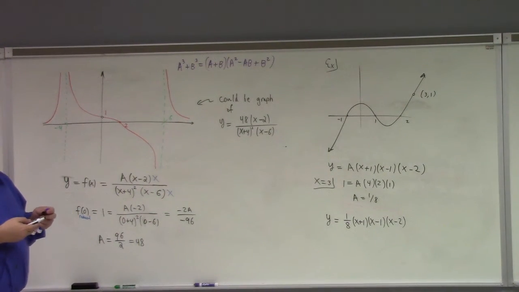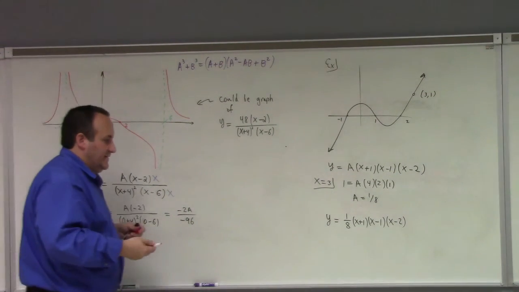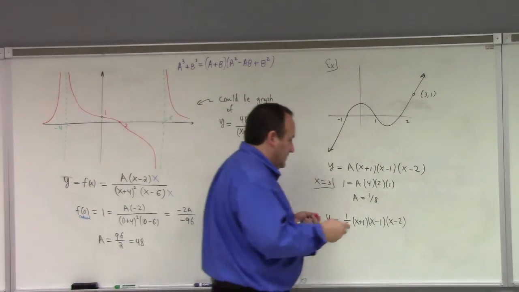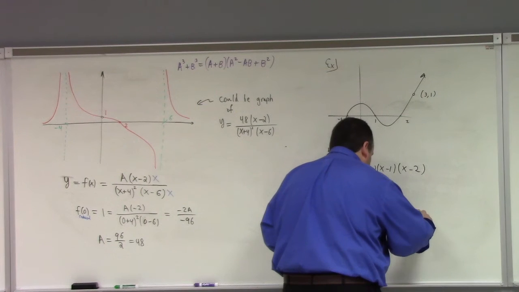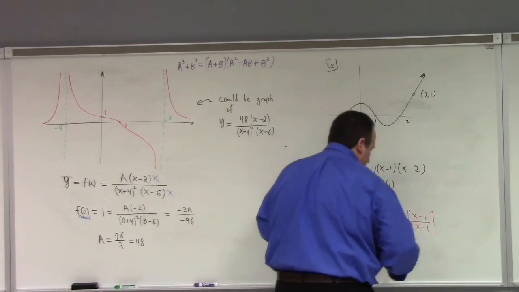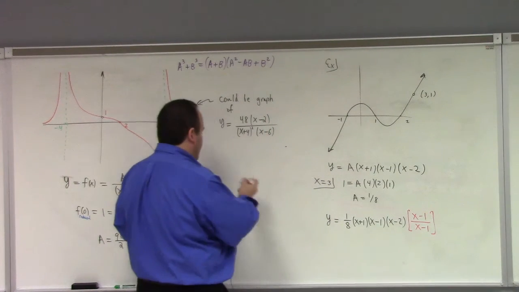How do I punch a hole through that 3, 1 without changing anything else? It's a very sneaky trick. It's just not that sneaky. Once you understand it, it's really simple. You just take this formula and multiply by x minus 1 over x minus 1. How does x minus 1 over x minus 1 work?